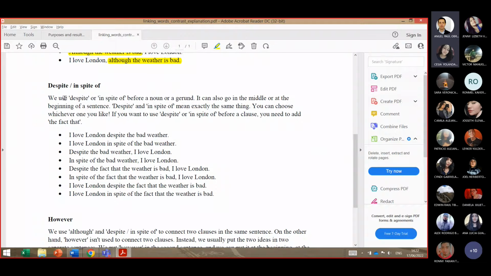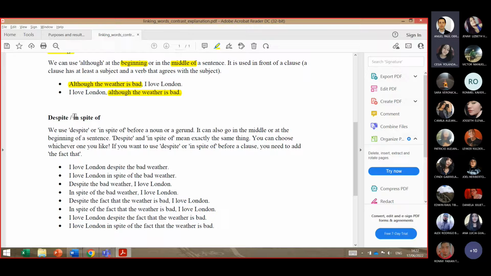Ya, ¿qué más tenemos para contrastar? Tenemos despite o in spite of. Entonces, we use despite or in spite of before a noun o gerund, ¿sí? Entonces, estos igual sirven para contrastar información, ¿sí?